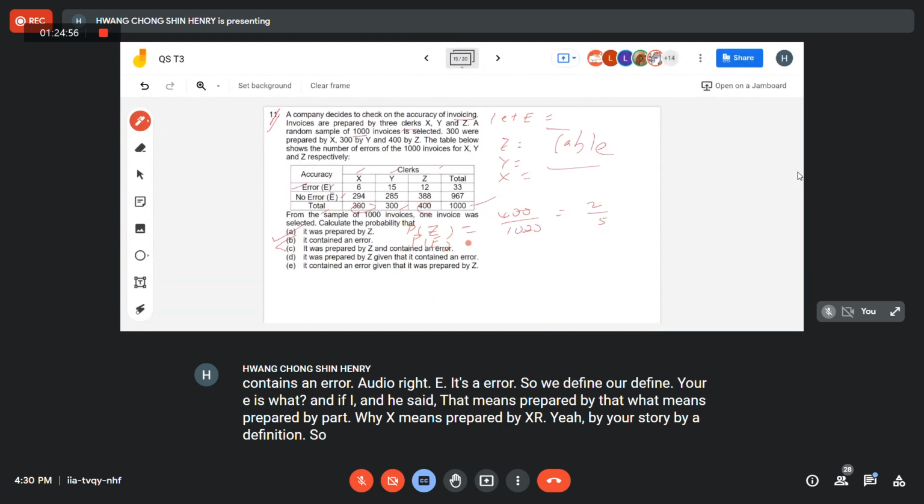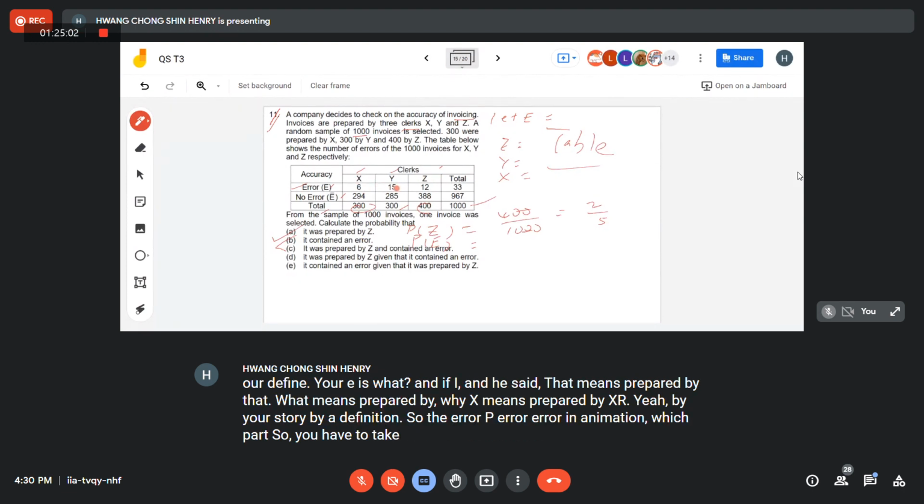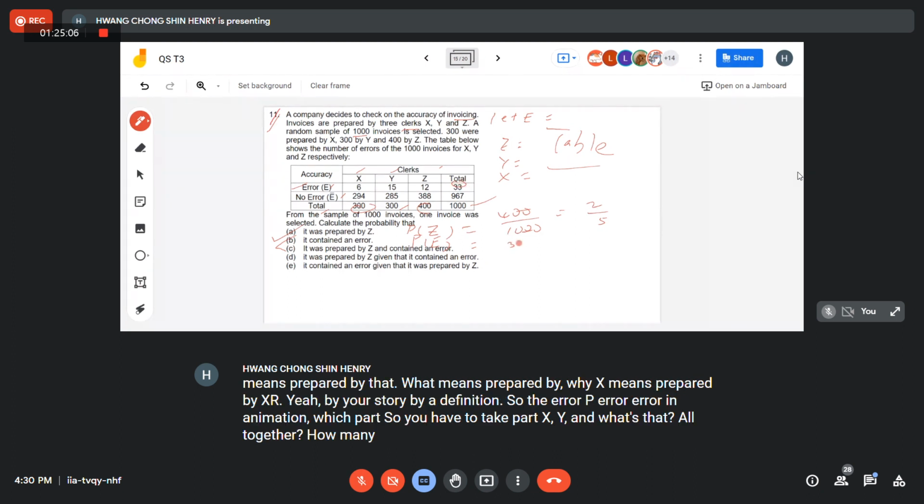So P(error), it never mentioned which clerk. So you have to take clerk X, clerk Y, and clerk Z altogether, how many? 33. Always divide by 1,000. So far, any questions from anyone at home?